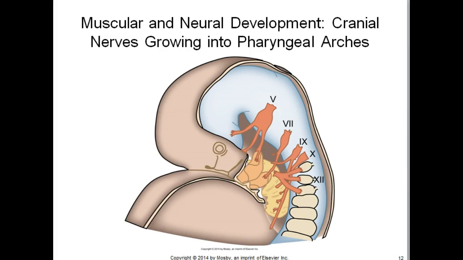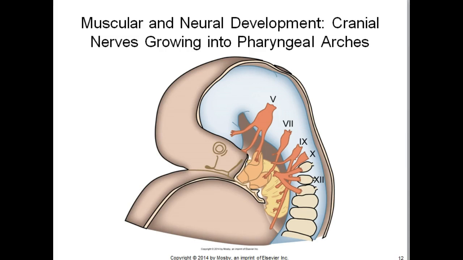The 9th nerve, also known as the glossopharyngeal nerve, enters the 3rd arch and supplies the stylopharyngeal and upper pharyngeal constrictor muscles.